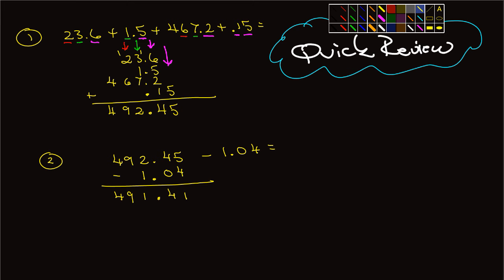Let's see here. Multiplying and dividing decimals. All right. So let's just take 23.2, and I'm going to multiply that by 2.46. I'm going to multiply those two numbers together.